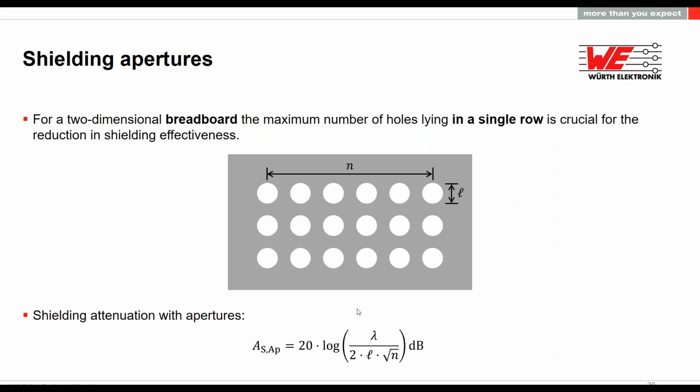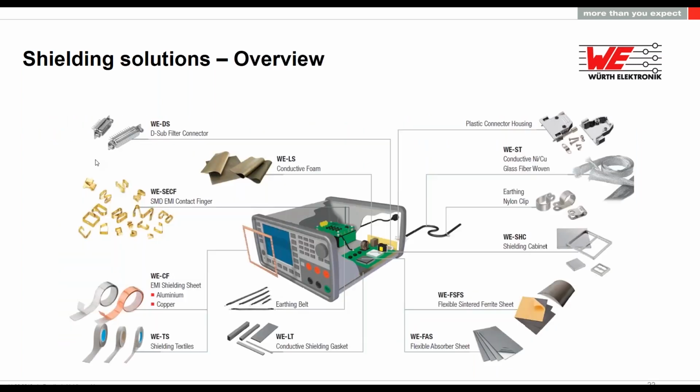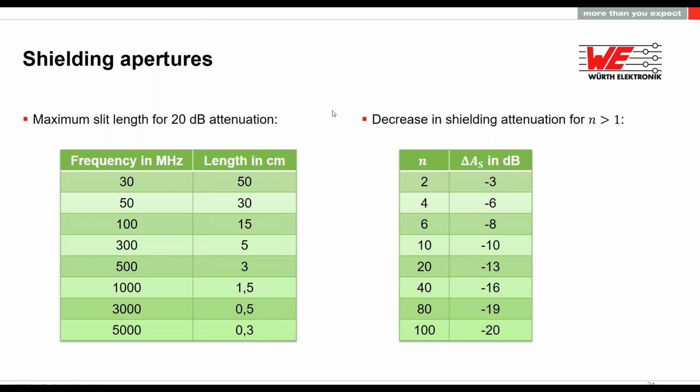A calculation of the shielding attenuation depending on the apertures and the number of apertures can be seen with this formula. We will see a continuation. Here we have a table. This is the maximum aperture size we can have in order to achieve at least 20 dBs of attenuation. So we have, for example, for 100 megahertz, 15 centimeters.